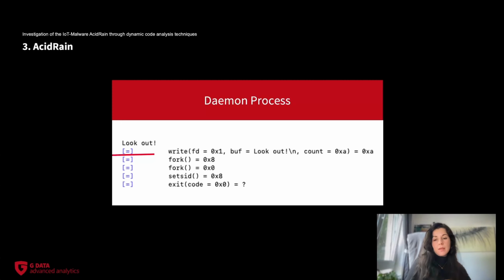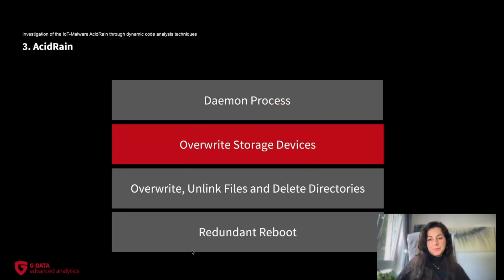It uses setsid to get new rights, and this is a part of the daemon process. And the exit syscall here in the end is for the parent process. So the child process is the daemon process, and the parent process exits. This is the way AcidRain starts the daemon process.